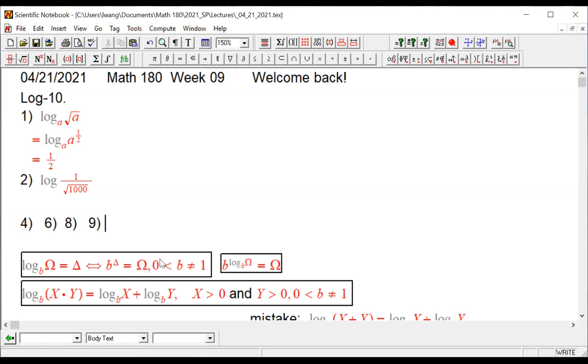Whenever you get stuck, think of the definition. You may get some ideas as to how to deal with that, or you will find a way.